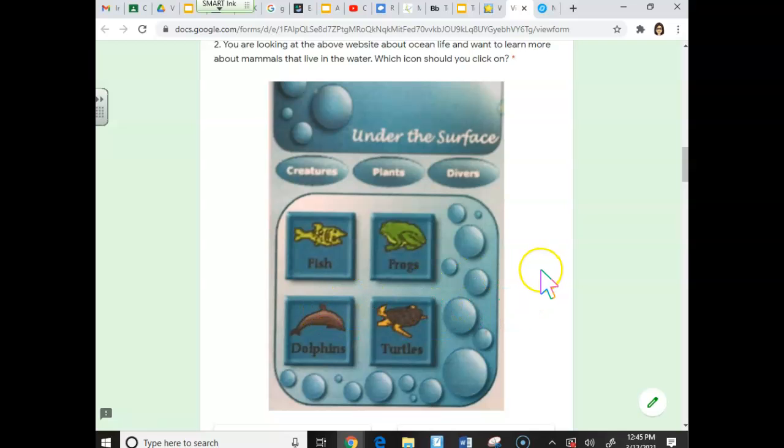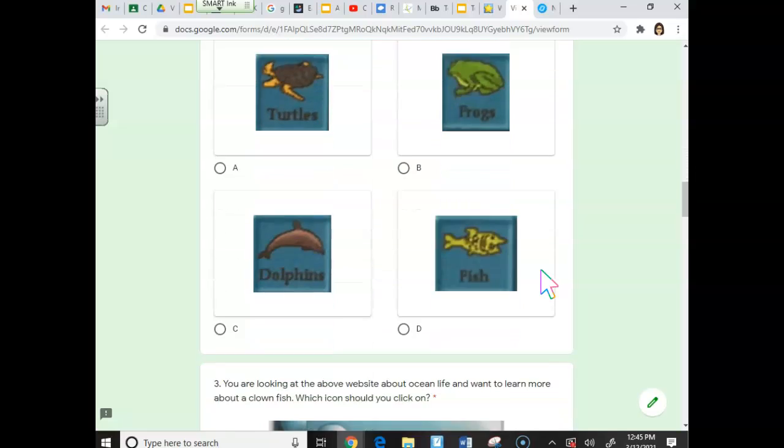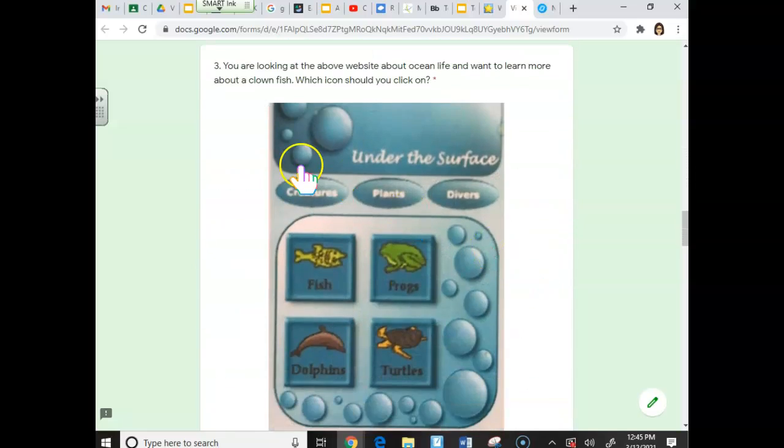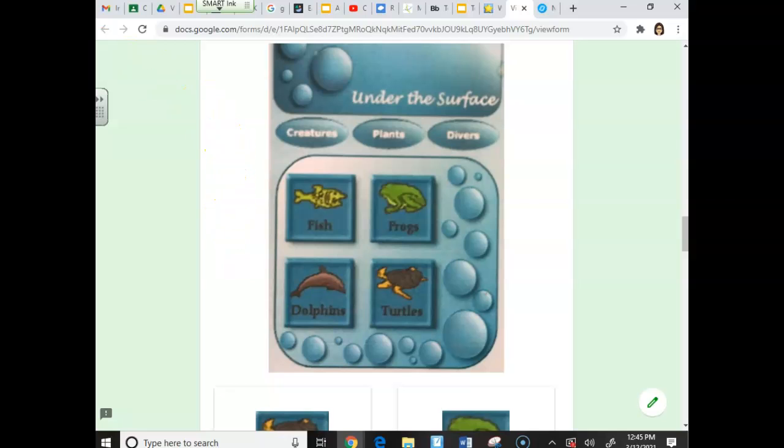A dolphin is a mammal that lives underwater. You are looking at the above website about ocean life and you want to learn about a clownfish. Where would you click? Which icon? A clownfish is a fish, so you would click here.